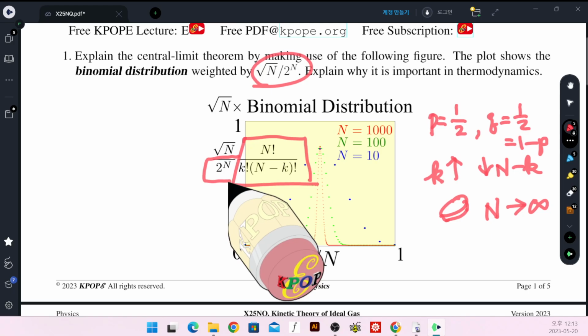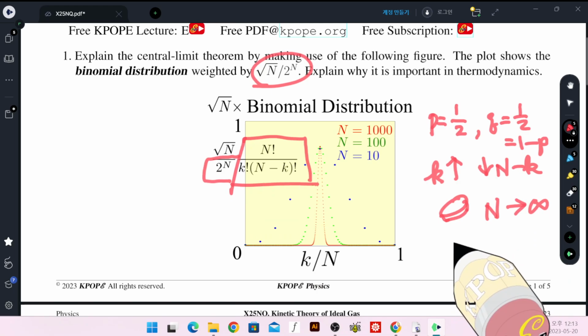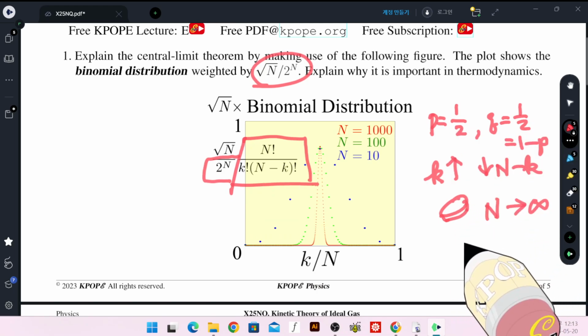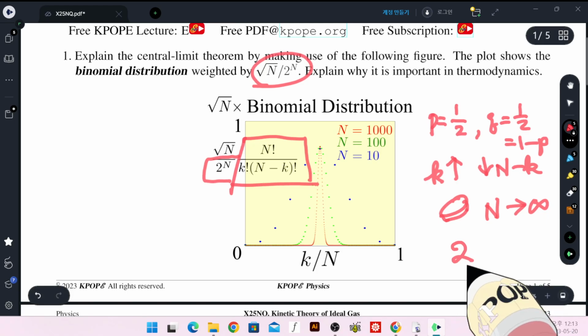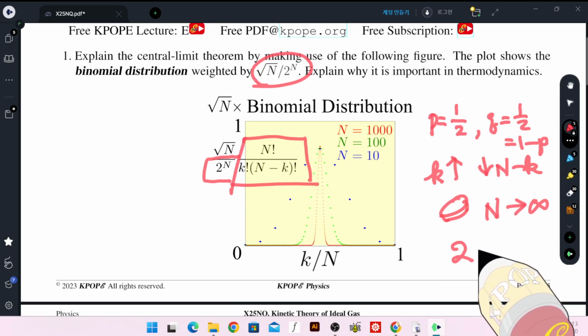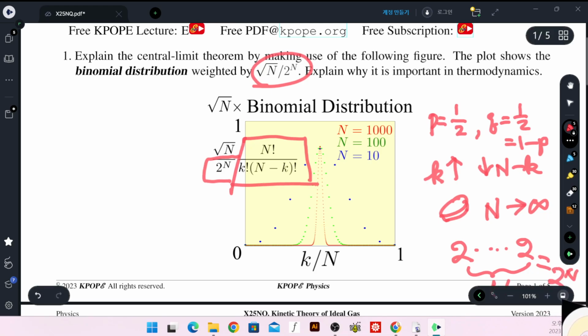So if you throw once, there are two cases, either up or down, and each throw has the two cases. And if you throw n times, you have a multiplicity of 2 to the n.